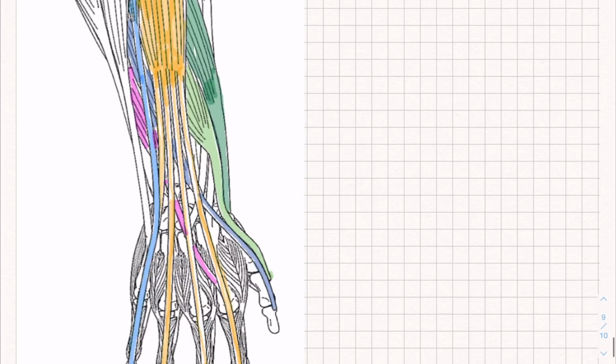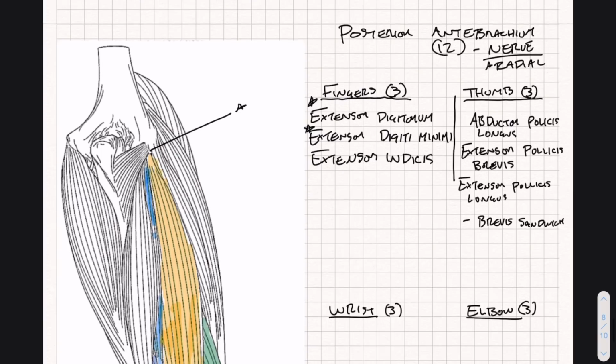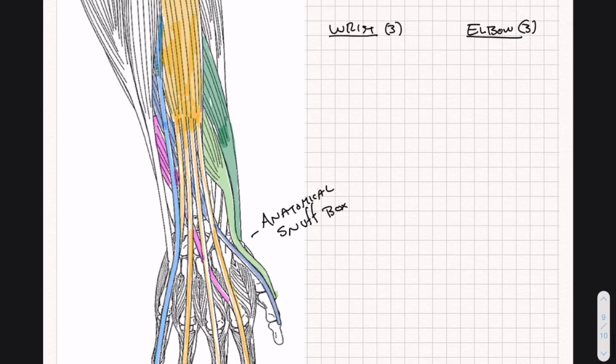You can see we have a longus, and then a brevis is sandwiched between them. This area here, created by these tendons, that's where the anatomical snuff box is. So the anatomical snuff box is created by those 3 thumb muscles.